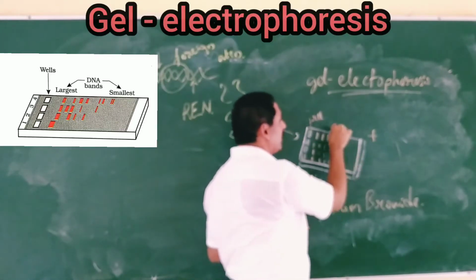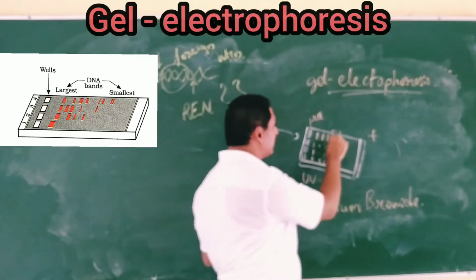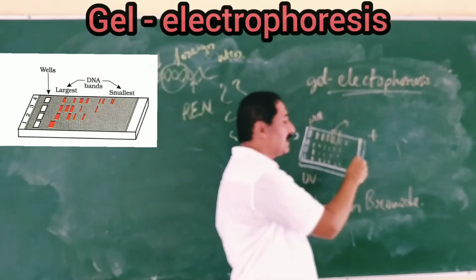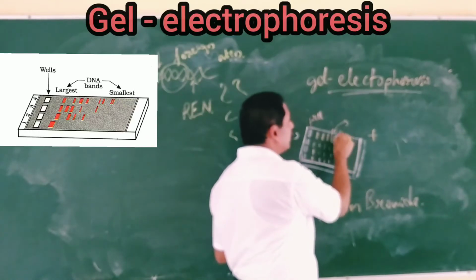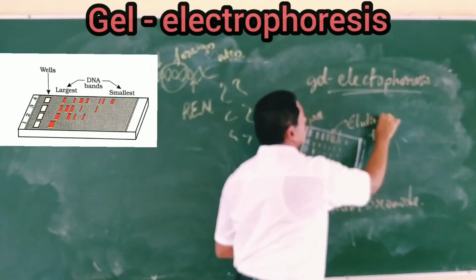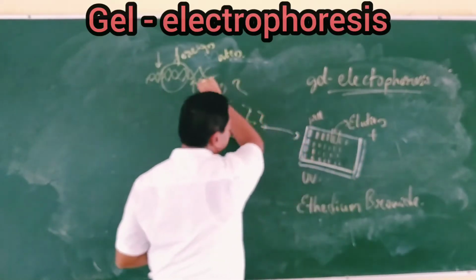Afterwards, we have to cut and separate the small fragment of DNA by cutting the gel sheet. The process of separating this fragment, the DNA band, by cutting the gel sheet is called elution. By this we sort out the gene of interest.